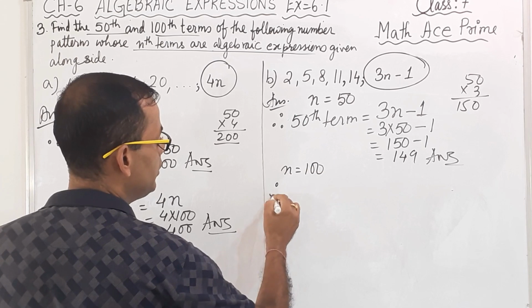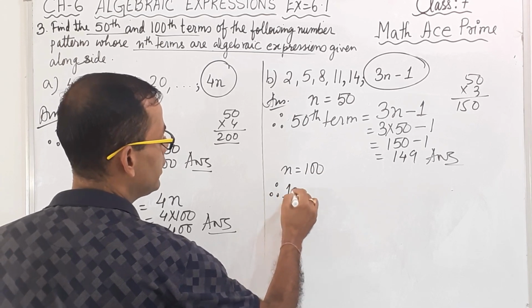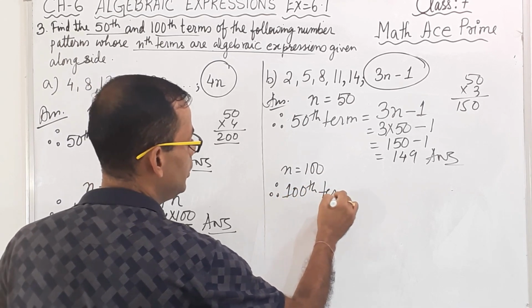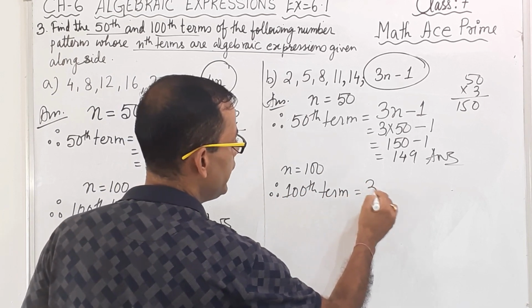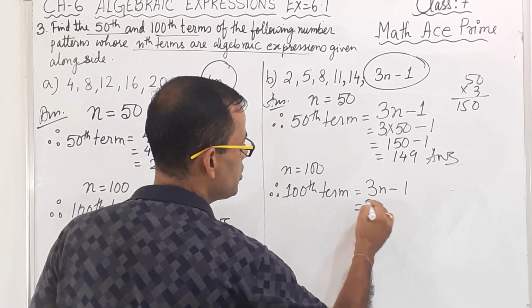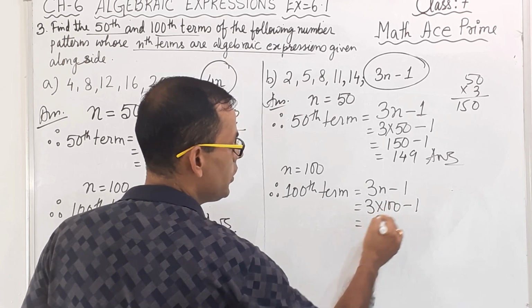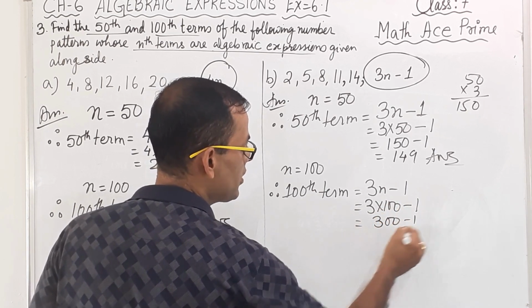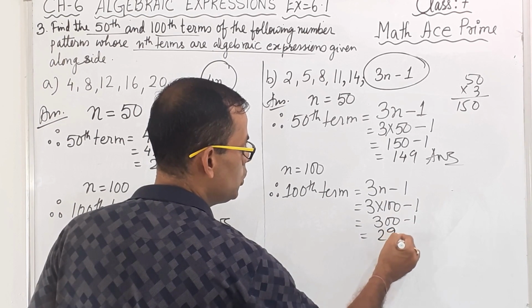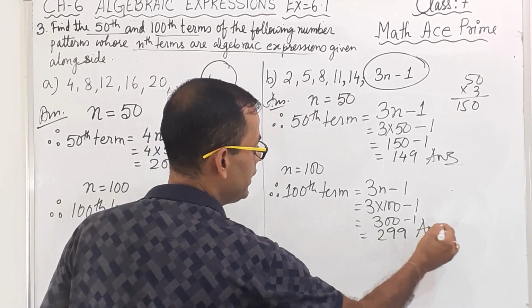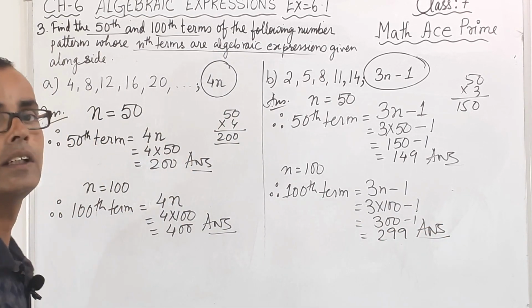Now again we have to find n is equal to 100. Therefore the 100th term will be 3n minus 1. So 3 into 100 minus 1. 3 into 100 is 300, minus 1. So how much do you get? 299, and this is the answer. Clear?